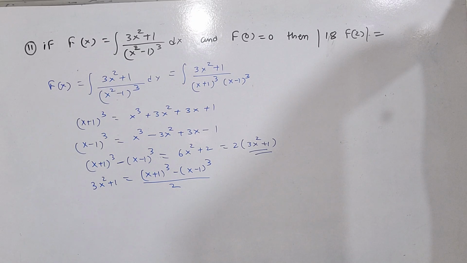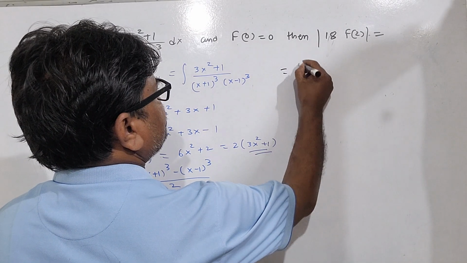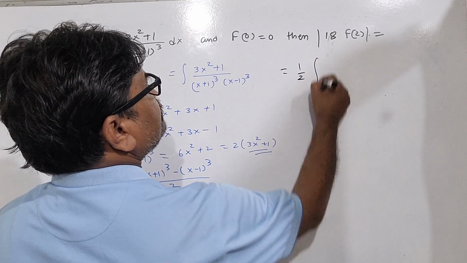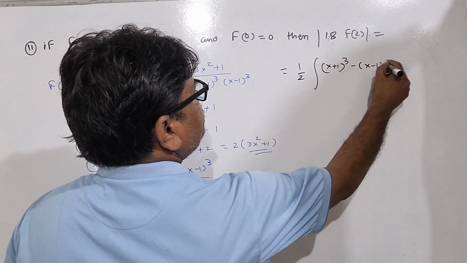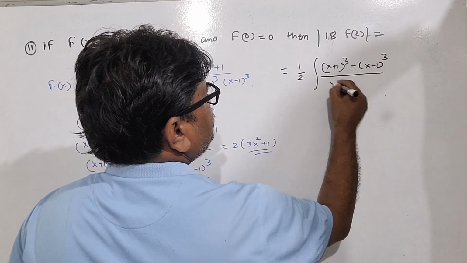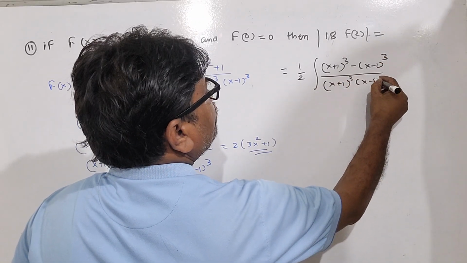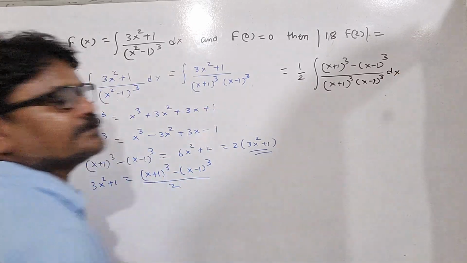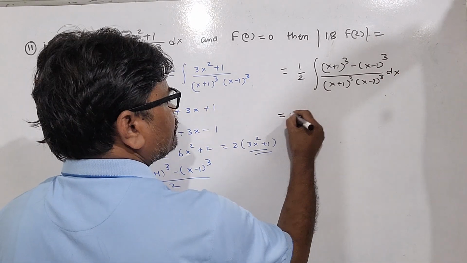Okay, so therefore now this integration, here I am writing, is half times ((x + 1)³ − (x − 1)³) divided by (x + 1)³ into (x − 1)³ dx, correct? Now it is very easily integrable.